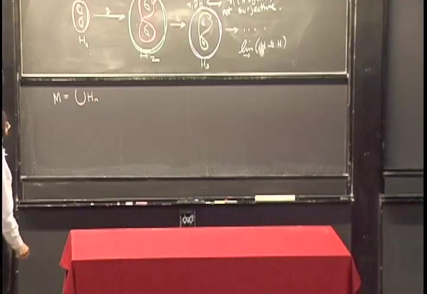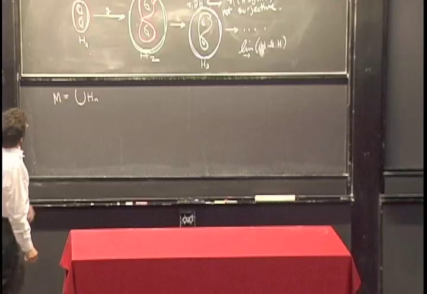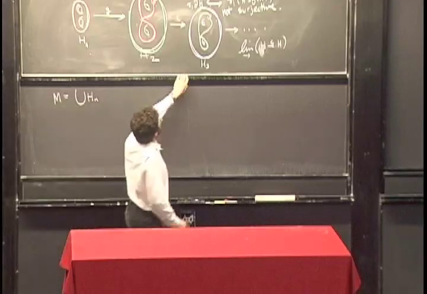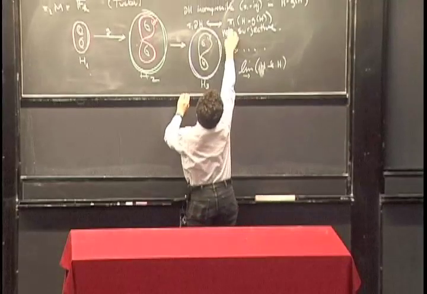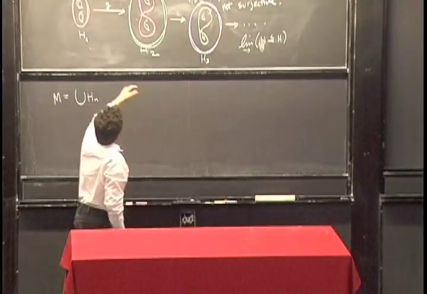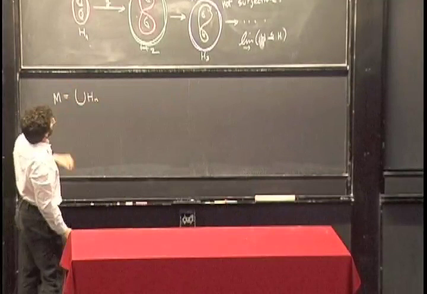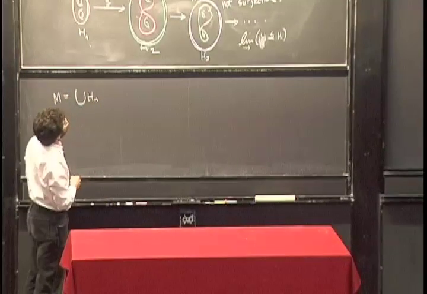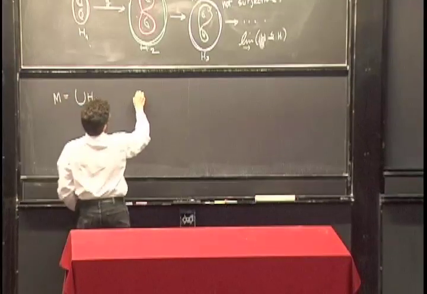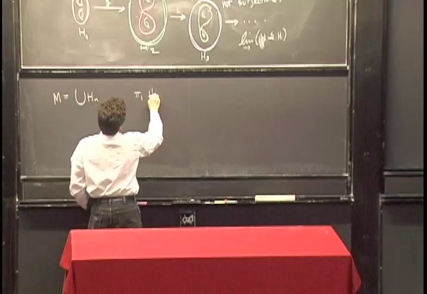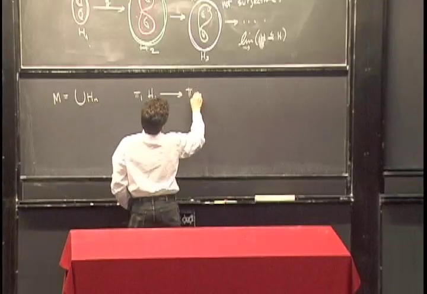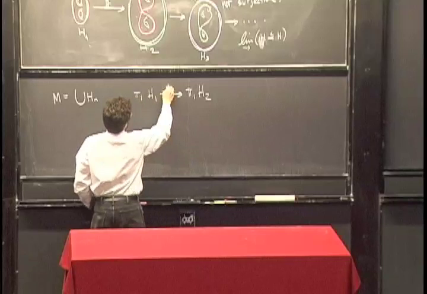Now, what do I have to convince you of? Well, note that although we had this slightly tricky property of the embedding, on the level of fundamental groups of the original thing, if you don't subtract anything from the image, if you look at the map pi1 of H1 into pi1 of H2, this is the map G star.